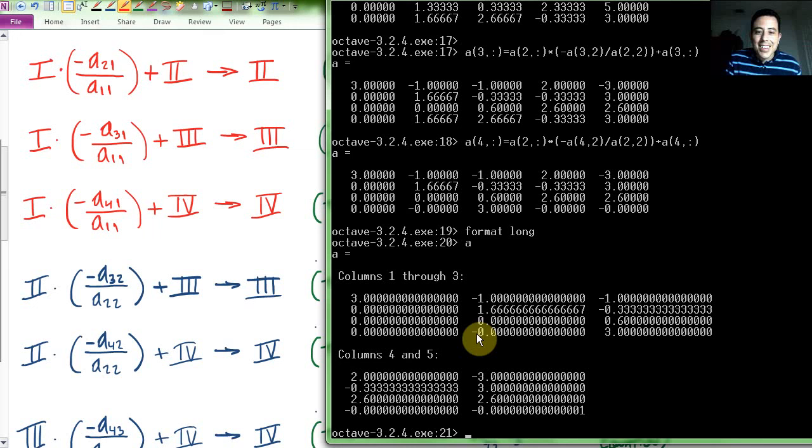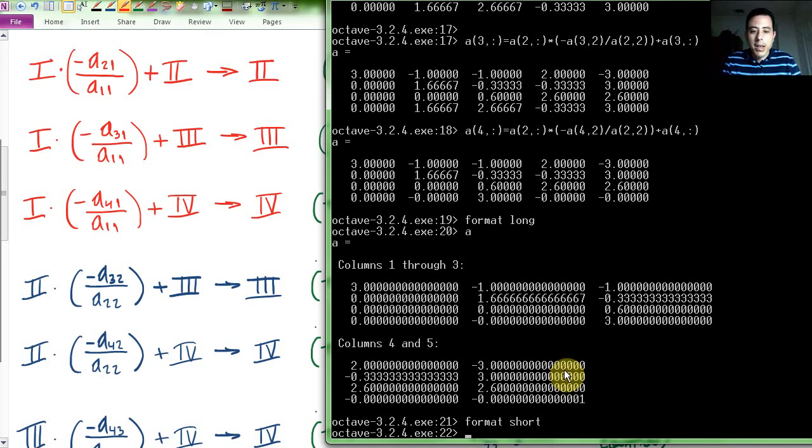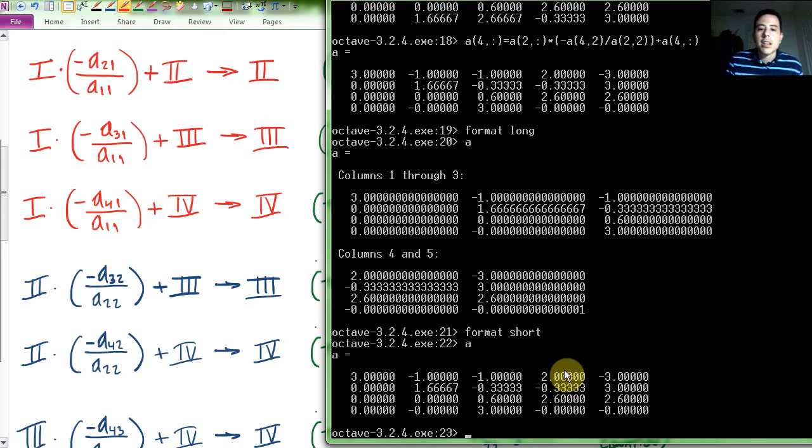Yeah, it still shows -0. That's because it's 0.00000, and then eventually there will be a 1 or some number. It's not quite 0, but it's pretty close to 0. Let me go back to format short. Okay, well, anyway, this is 0.